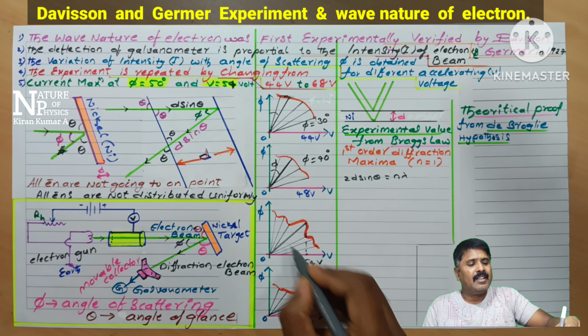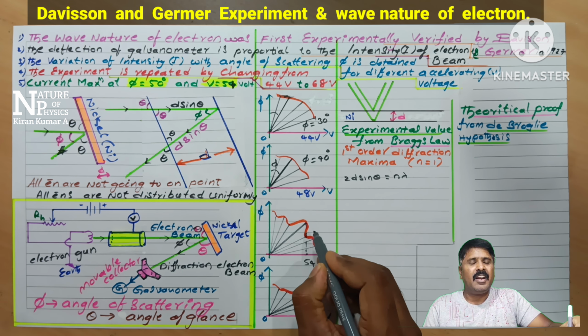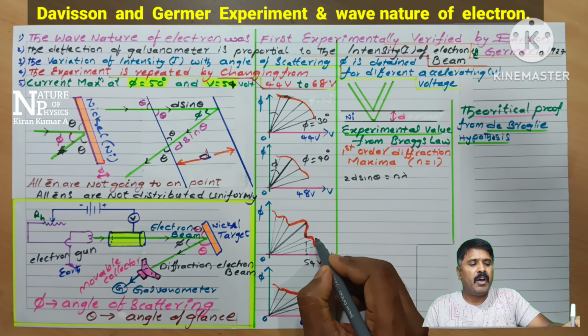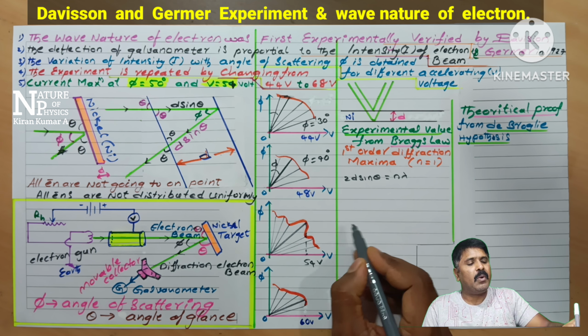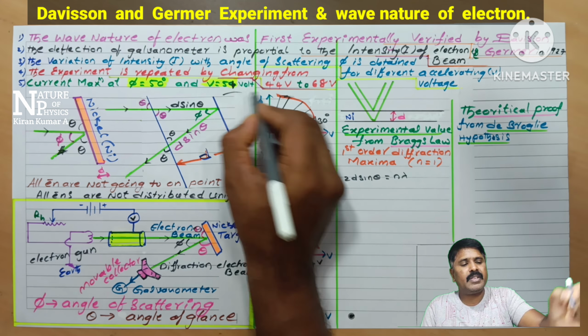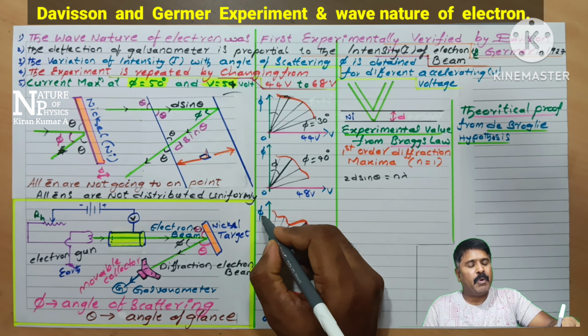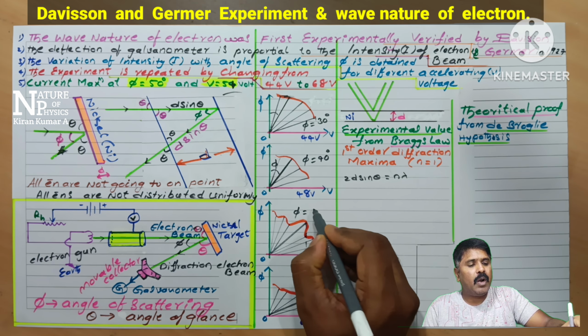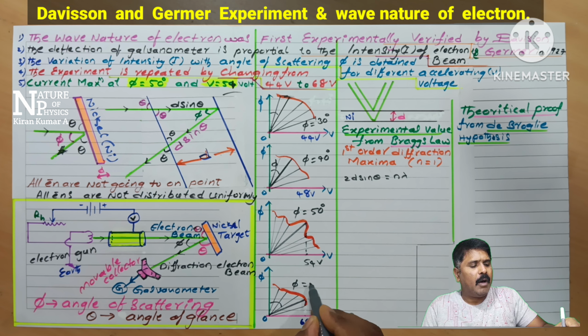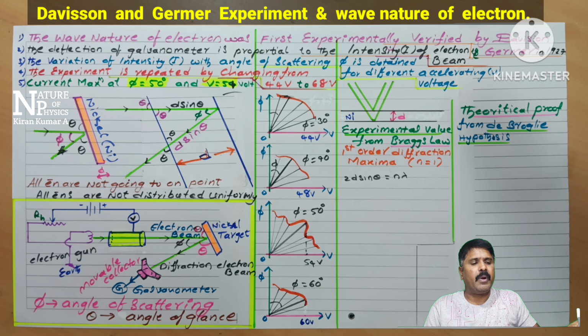The next one represents the diffraction phenomenon: central maxima, first minima, first maxima, student. Here particularly the voltage is 54 volts, and the corresponding phi value is equal to 50 degrees, student. And the last one, here the voltage goes from 54 volts to 60 volts, and there we get a phi value of approximately 60 degrees, student.